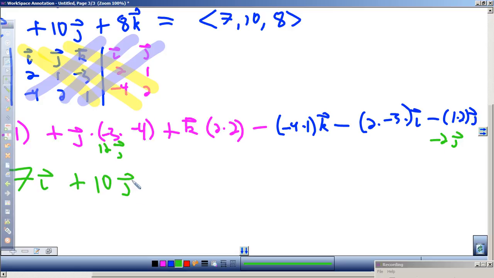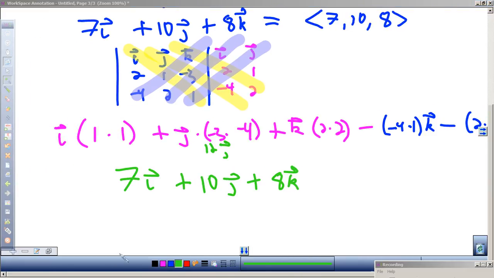I'm just showing that you can do it either way. You get the same answer. I have 4k plus 4k. I must have made a mistake somewhere here. Oh, this is positive. Okay, that's a positive one. Never mind. So plus 8k. I was thinking it's a minus 1, which would have been a problem. So either way, you get the exact same answer, and it doesn't matter which one you use.